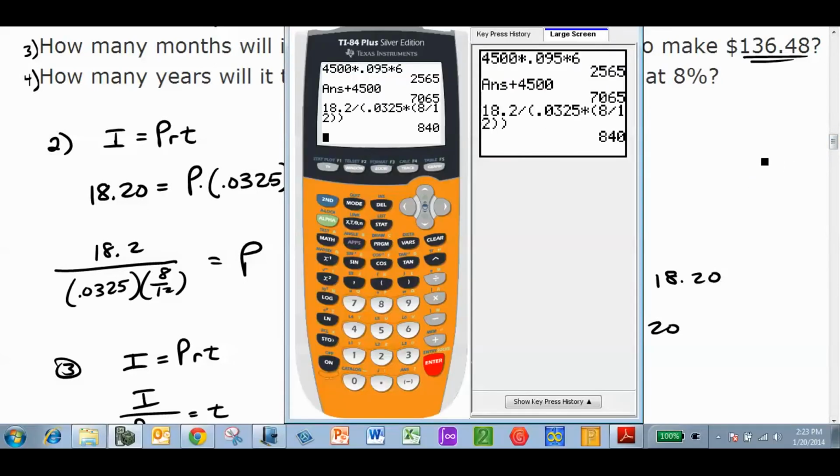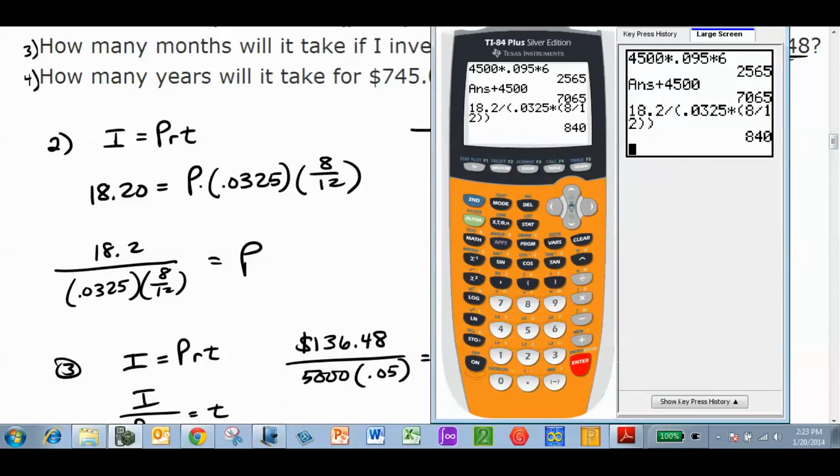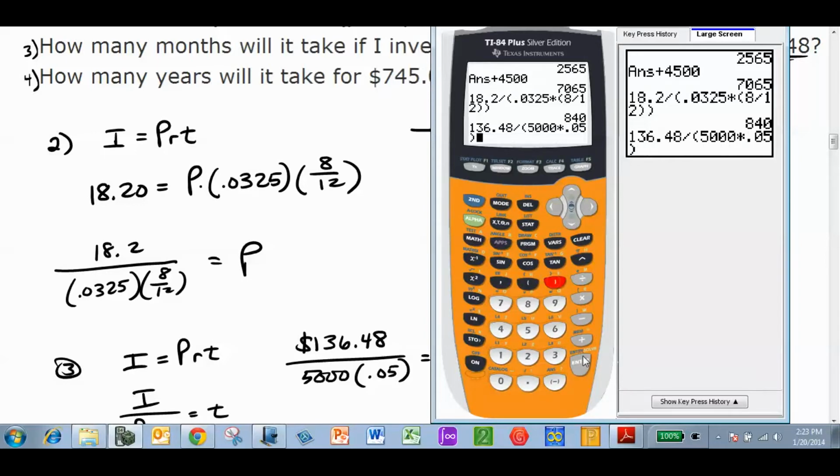So let's go ahead and multiply this out. I've got 136.48 divided by 5,000 times 0.05. Enter.